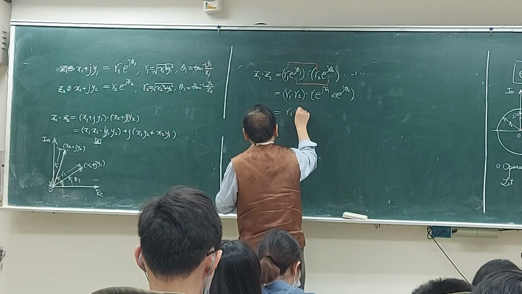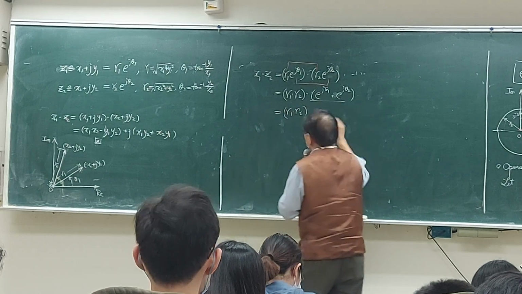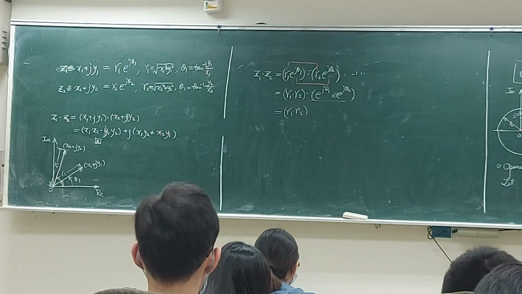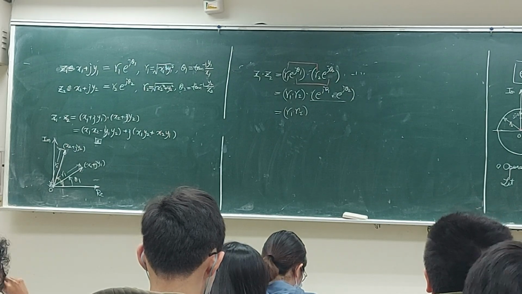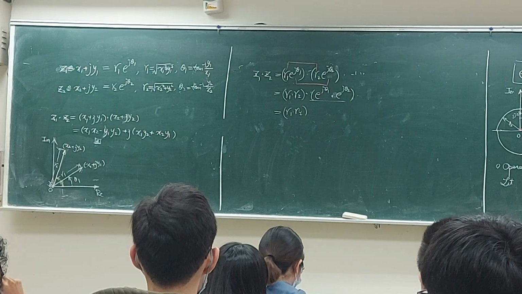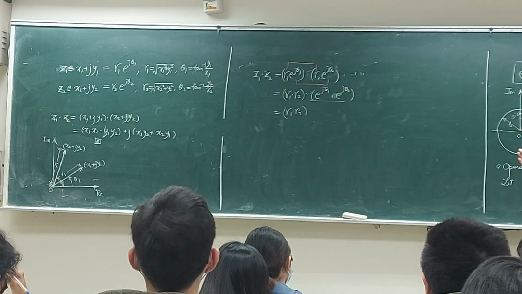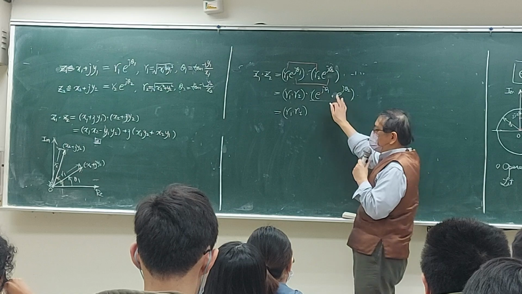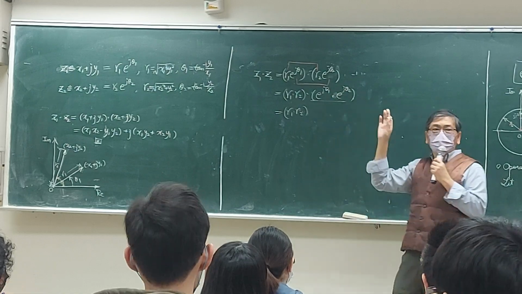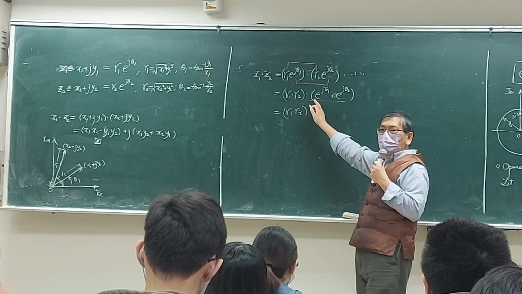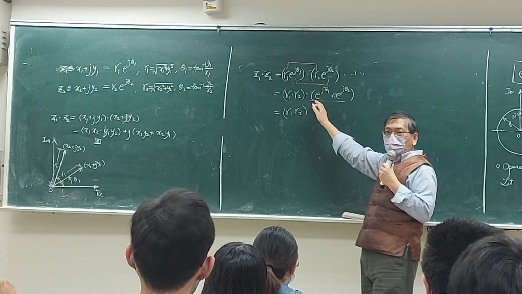What about the product of these two exponentials, e to the j theta 1 and e to the j theta 2? The product of these two exponential numbers becomes what?